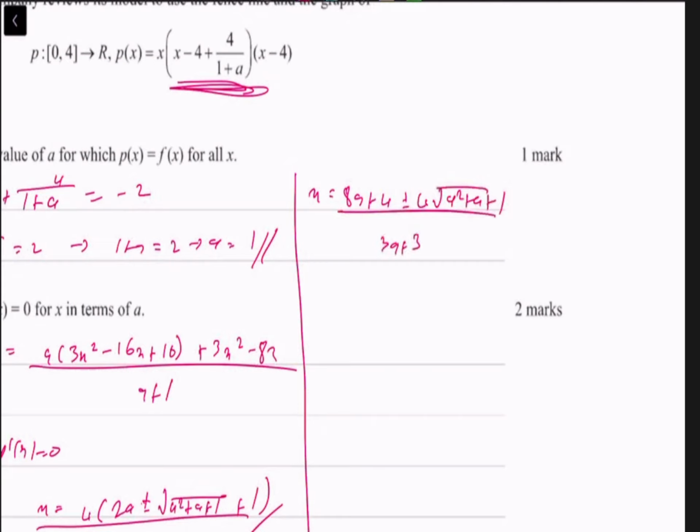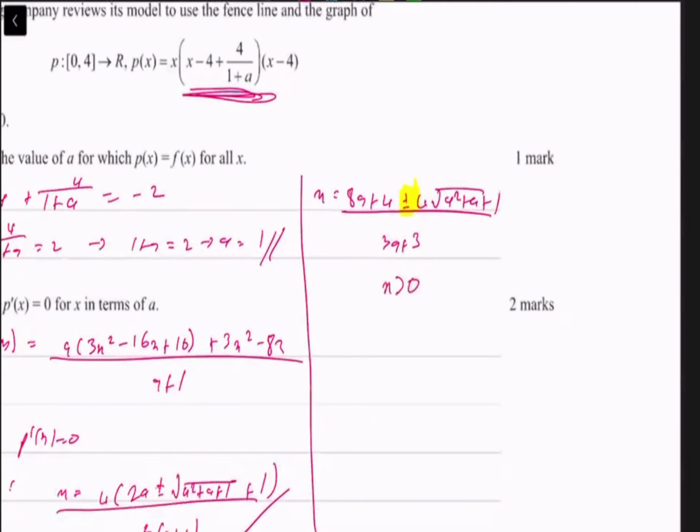And then you have to consider the plus or minus here. In most cases, you'd get rid of one of them. But in this case, the only restrictions you have are that a is greater than 0 and x is an element of 0 to 4. So if you test a values in here, you'll find that for all a values greater than 0, this holds true.